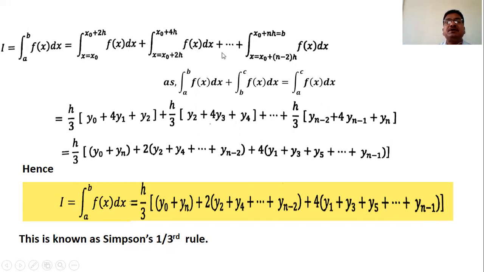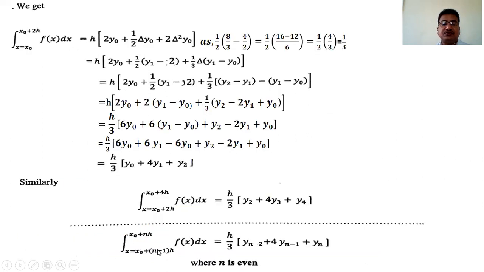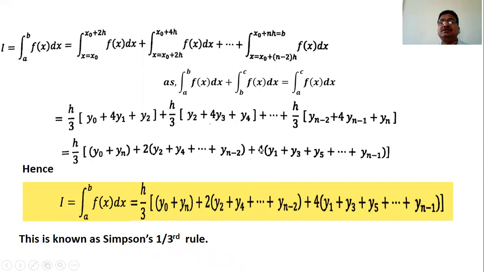In this way, the next term is x naught plus 4h to x naught plus 6h, and in this way the last two intervals. What are the last two intervals? x naught plus (n minus 2)h to x naught plus nh of f(x) dx. Here is the correct figure, n minus 2; here it is right, n minus 2, in this place n minus 1.